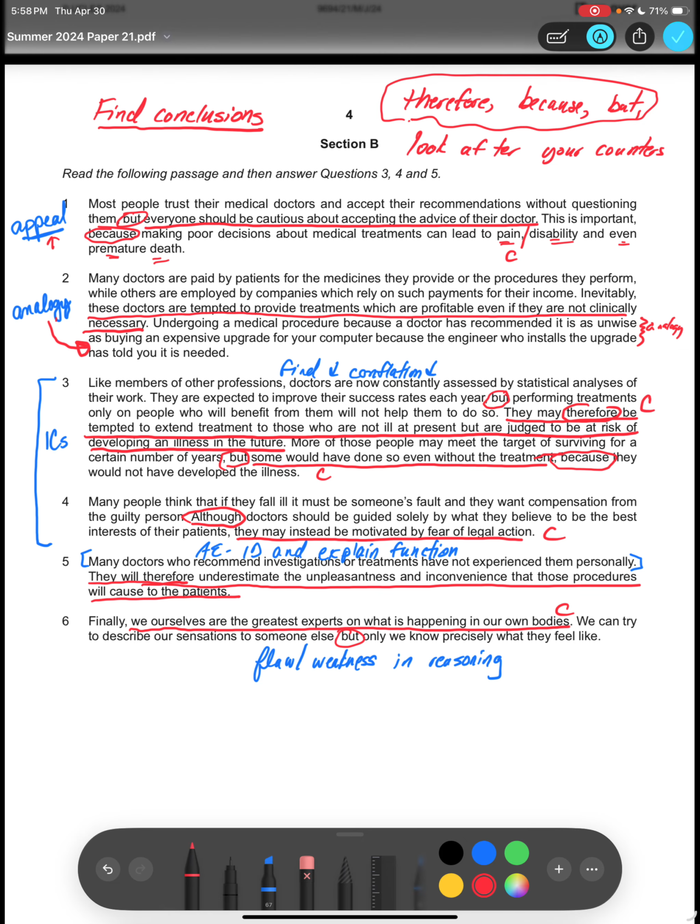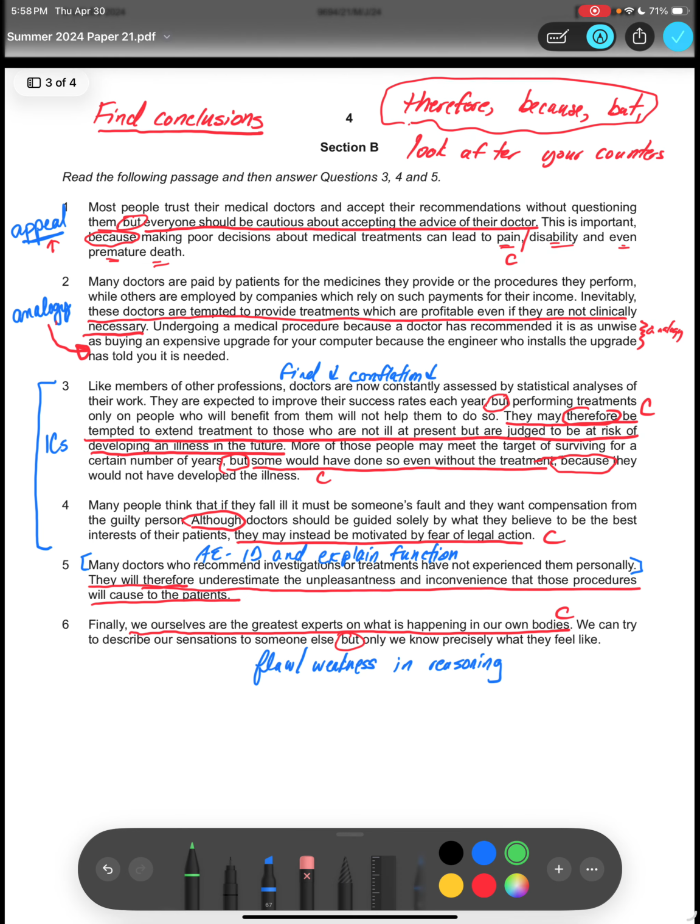So now we have all these conclusions, and we need to identify which one is the main conclusion, which one serves the other. This would be a good place to pause and ask that. But if you can find the conclusions, or even most of them, then you should be able to find the main conclusion by saying which one sums it all up. Everyone should be cautious about accepting advice of their doctor.